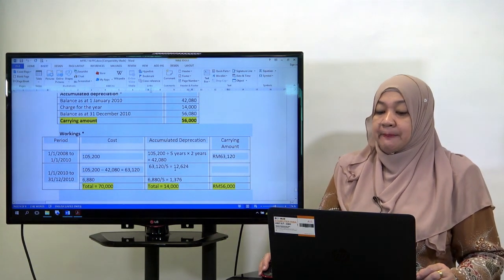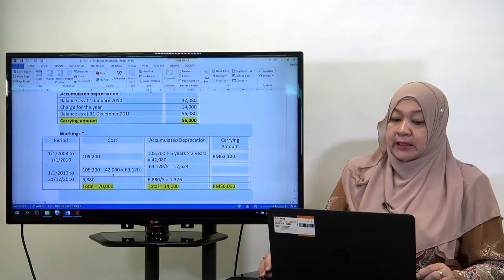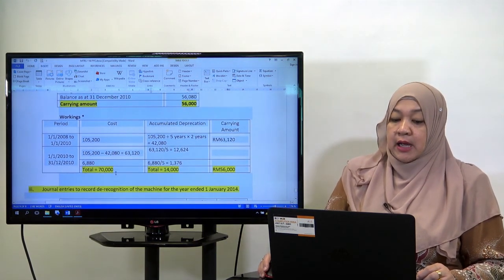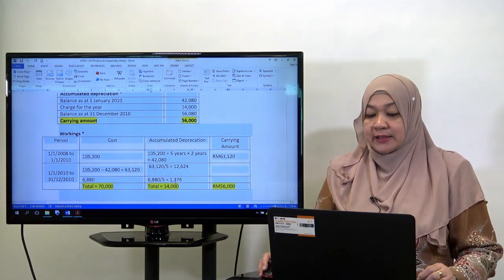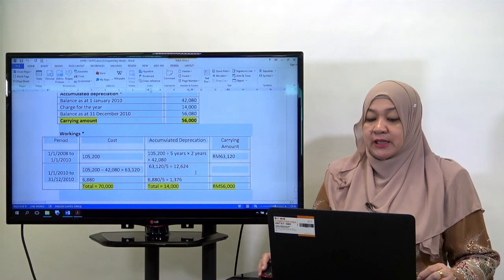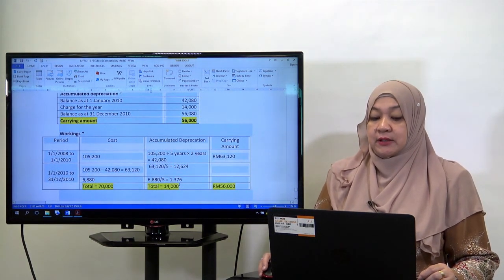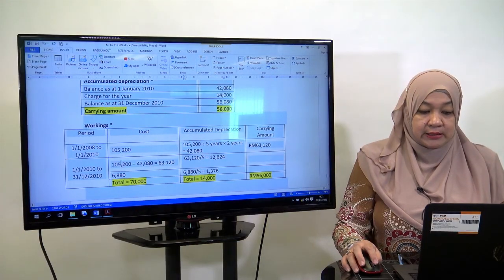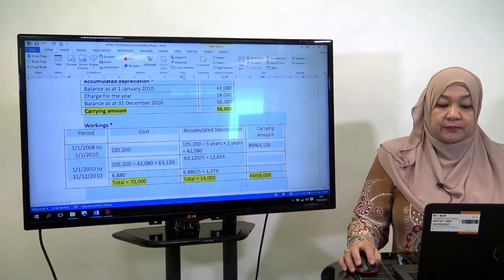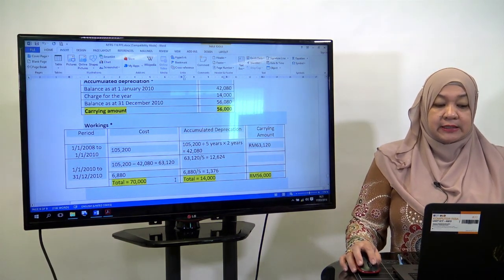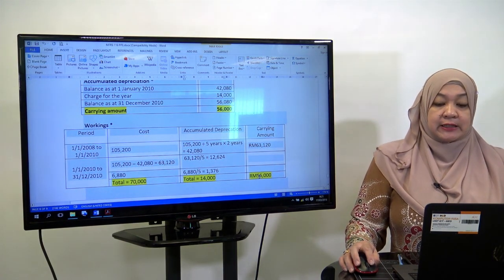So you have depreciation 12,624 plus the upgrading cost 6,880 divided by 5, 1,376. So your total depreciation charge for 2010 is 14,000, right? Whereas your cost is 70,000. So the carrying amount of this asset as at 31st December 2010 is 56,000.